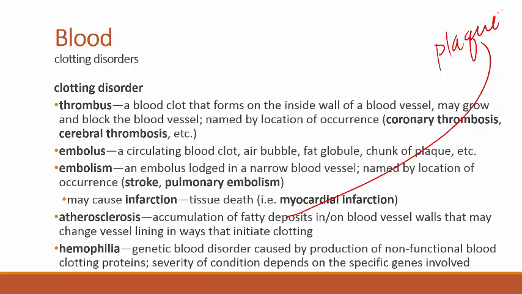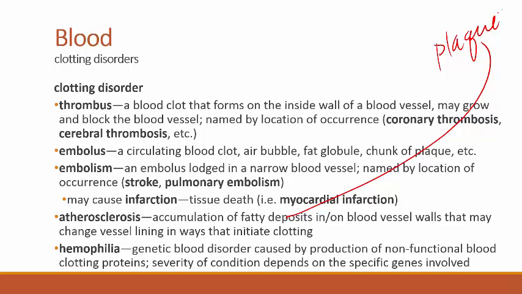Let me choose another example. Let's get further in the pathway. Let's say if you don't produce factor 11, you could produce all the factor 12 that you want, but if you don't have functional factor 11, then you cannot activate factor 9. And so it's the production of these non-functional clotting proteins that blocks these pathways of clotting.